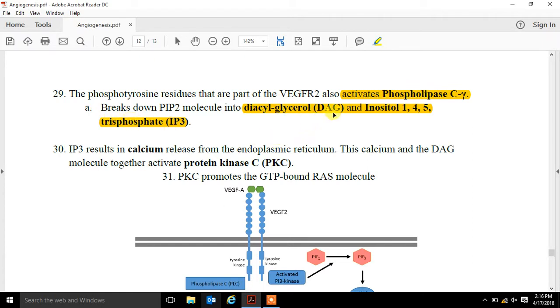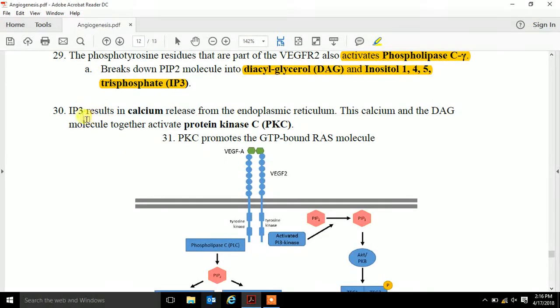So diacylglycerol, the DAG molecule, and the IP3 molecule. IP3 results in calcium release from the endoplasmic reticulum.